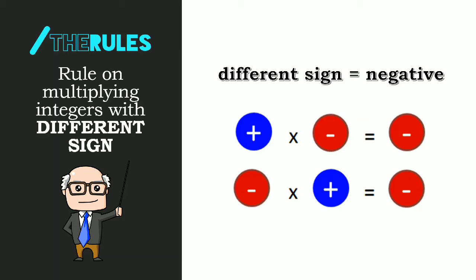Basta po may naiiba na sign, hindi sila pareho. Positive yung isa, negative yung isa, o negative yung isa at positive yung isa, our answer or our product will always have negative sign. Gets po ba? That's our second rule on multiplying integers. Different sign, negative. Okay? Okay.